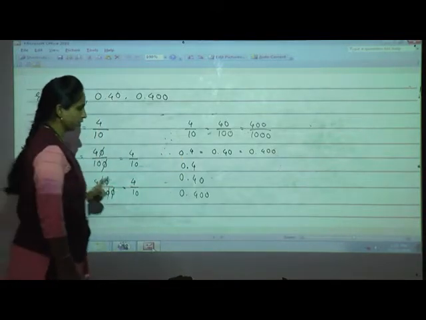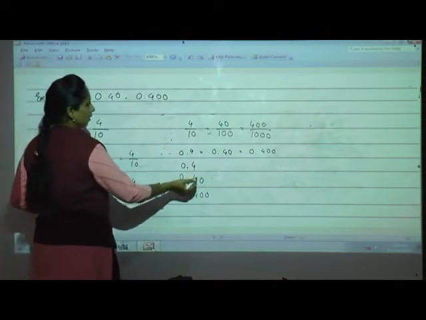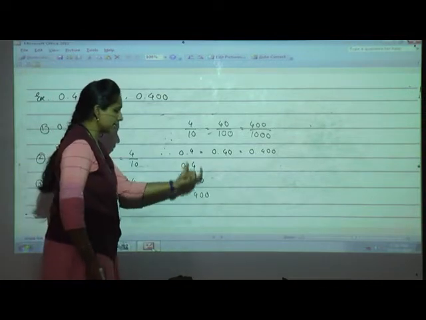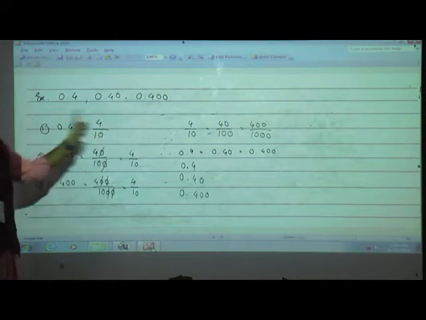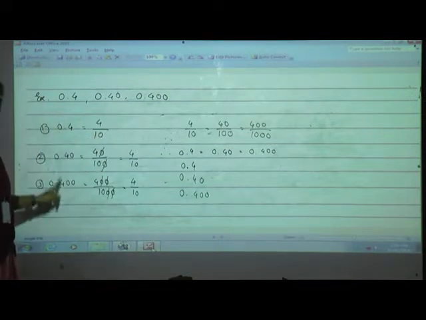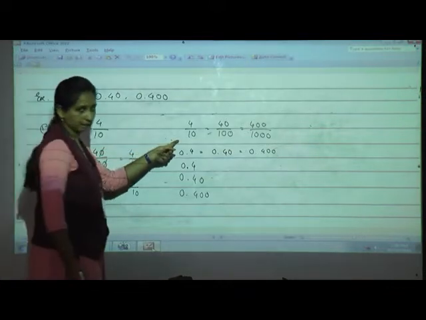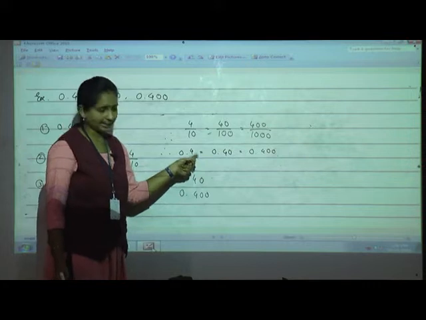Now just observe that 0.4, 0.40, 0.400, digits are increasing but they are equal. What have we done? We have proved that these three fractions are equal. These three decimal numbers are equivalent, isn't it?